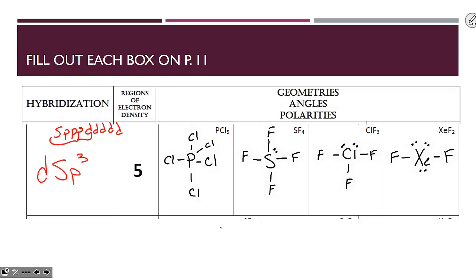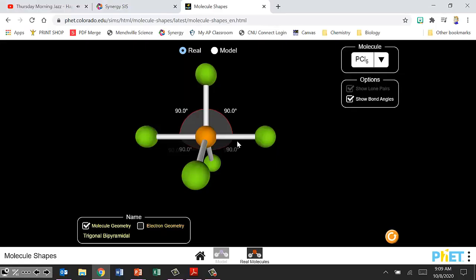sp3d hybridized. Again, the d orbital can be in front or behind of the hybridization. It is irrelevant. So dsp3 hybridized shapes will take that into account. And again, if you had balloons, you would see three-dimensionally and feel three-dimensionally how they would spread out. In the simulator, we can show this.